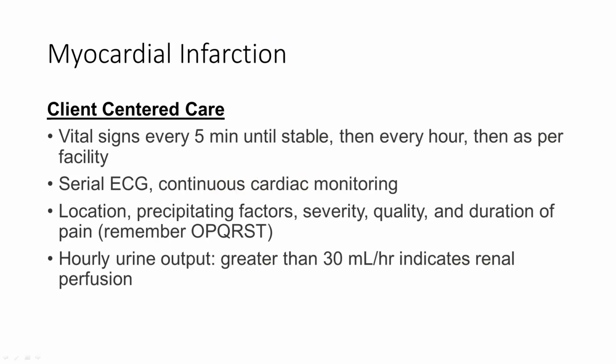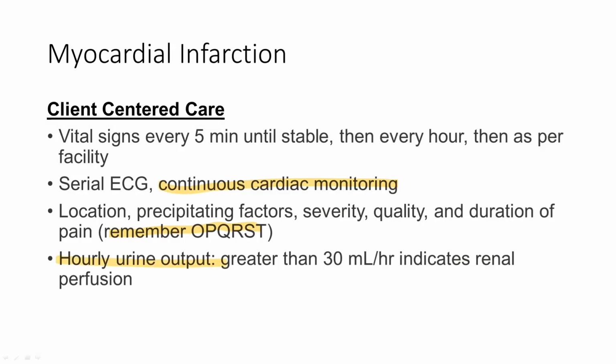But more so, you're probably going to be looking at telemetry monitoring, and then we'll perform those serial ECGs as we have changes, either to what the client is stating for pain or to what the actual monitor itself is showing me. We've talked about OPQRST, so good follow-up questions.